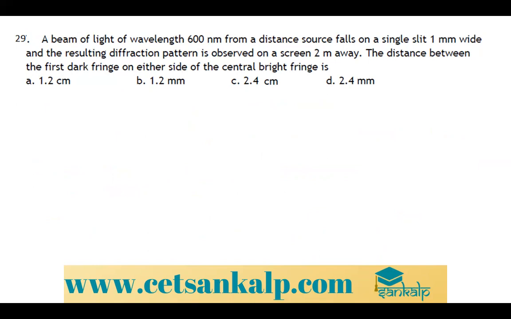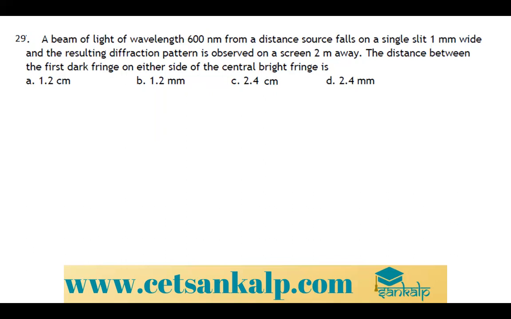A beam of light of wavelength 600 nanometer from a distant source falls on a single slit 1 millimeter wide, and the resulting diffraction pattern is observed on a screen 2 meter away.